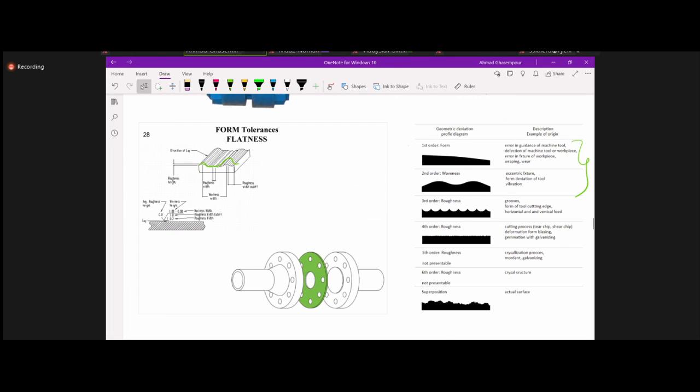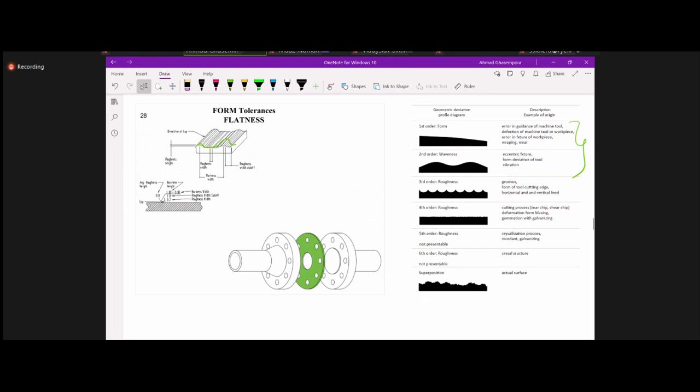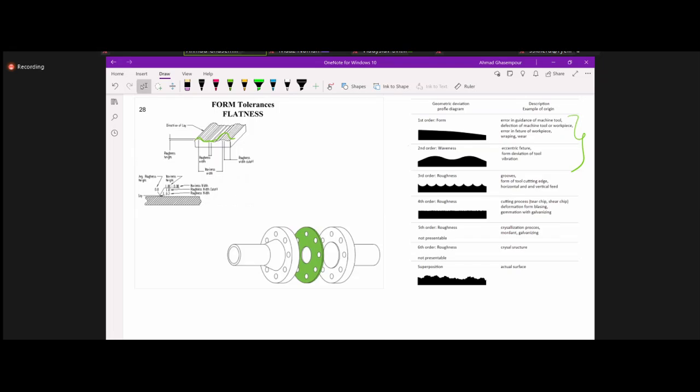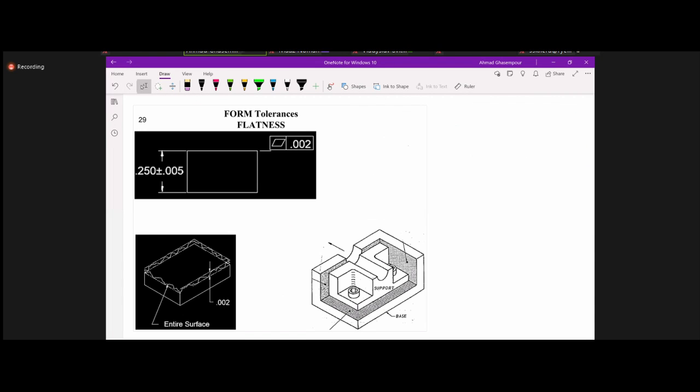So the symbol looks like this, and the interpretation is, in this case, it's applied to a surface. So that top surface can have peaks and valleys which cannot be separated more than 2 tau in this case. For straightness, we looked at what happened to one line at a time.